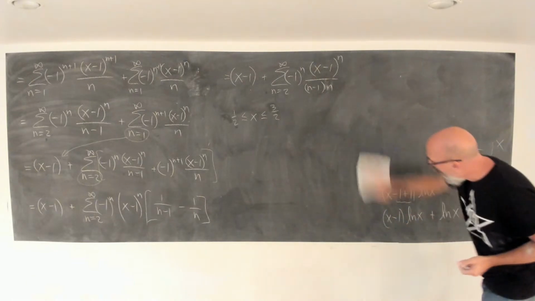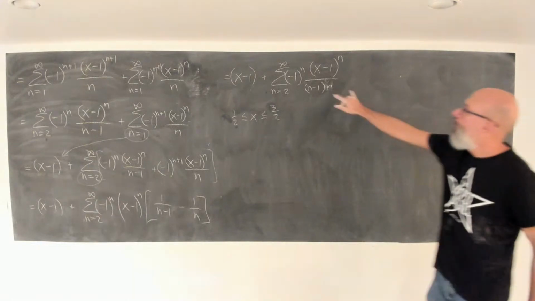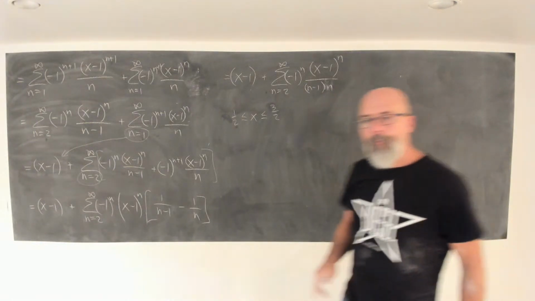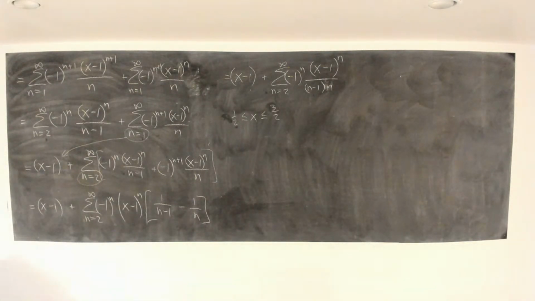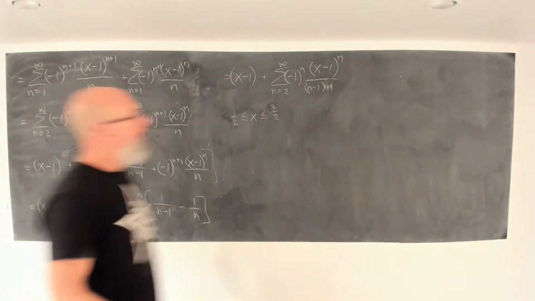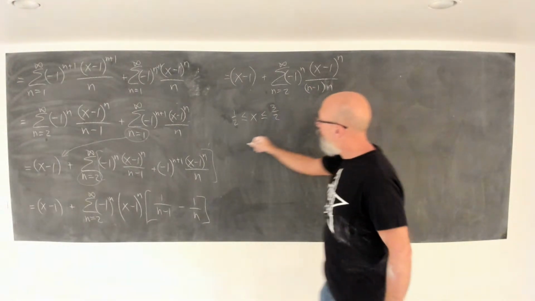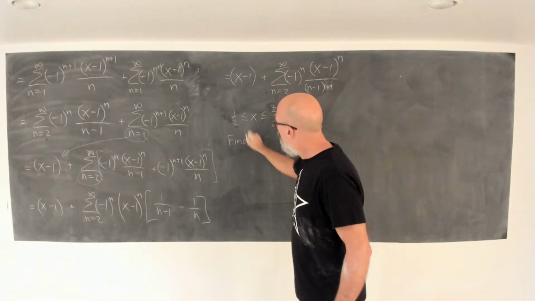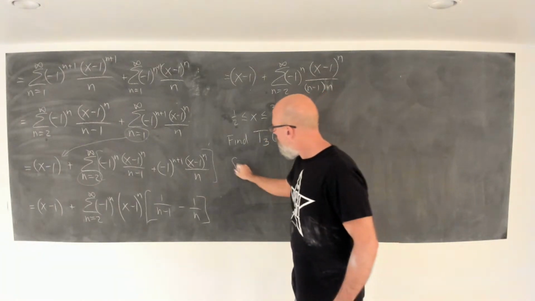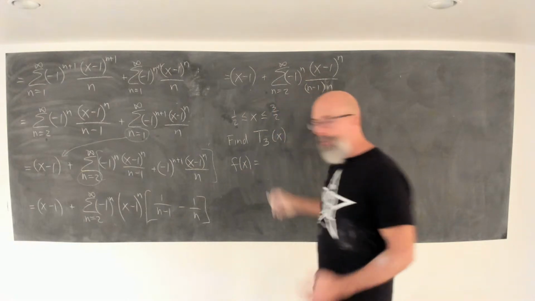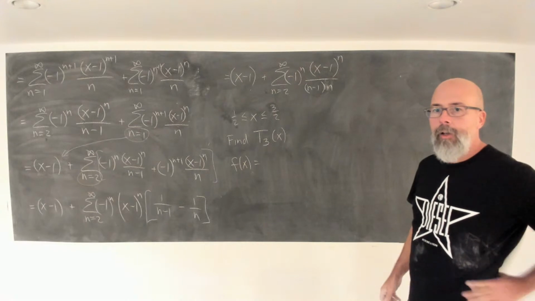And that's why they wanted you to do that, because they knew there were issues. So let's find the Taylor polynomial of degree 3. This we'll find the usual way.